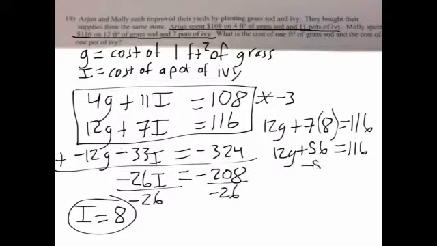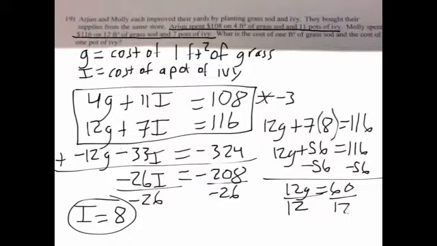I'm going to subtract 56 from both sides, and that's going to give me 12G equals 60. And when you divide both sides by the 12, you get G. The cost of the square foot of grass is going to be $5. And so, there we go.